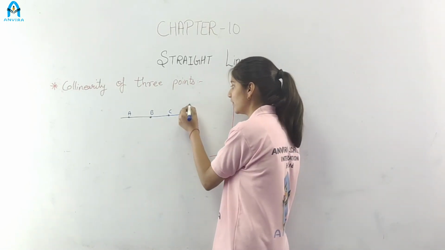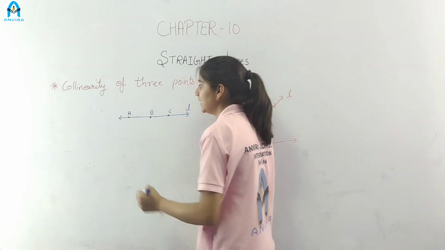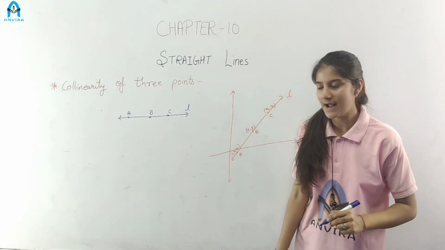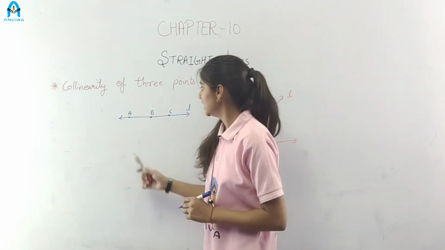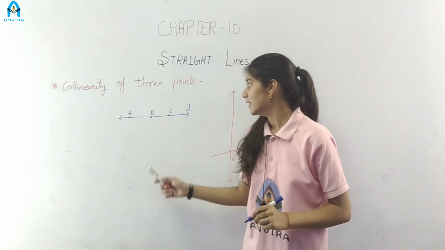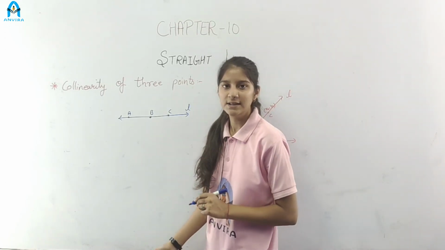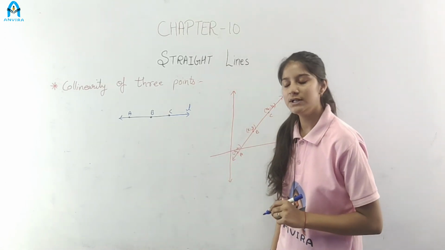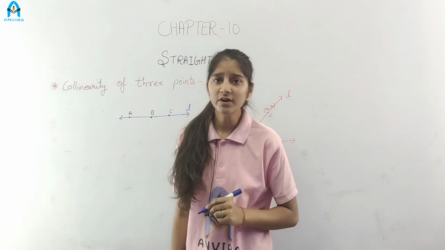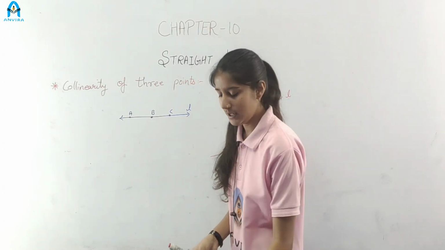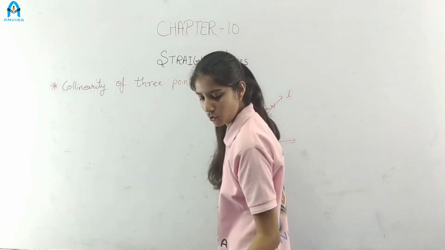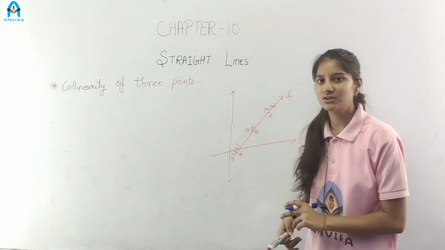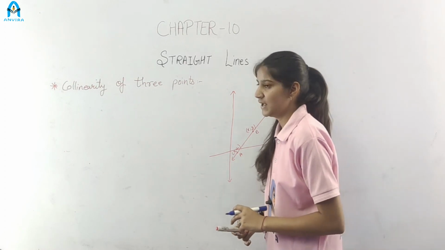They all satisfy the equation of line L, then we say that A, B, C are collinear points. If they don't satisfy the equation of line L, then they cannot be collinear points. But how can we conclude this collinearity? By using slopes.